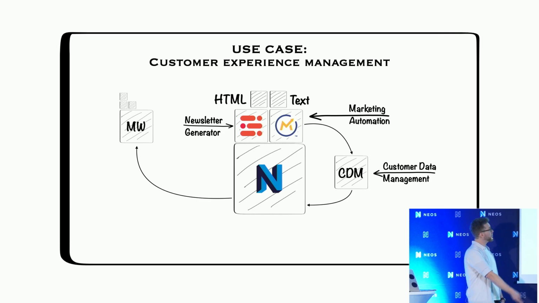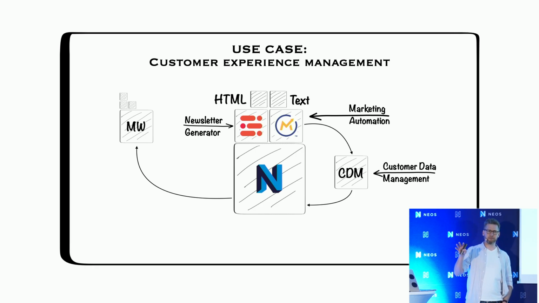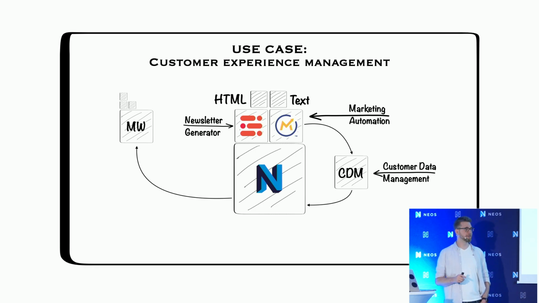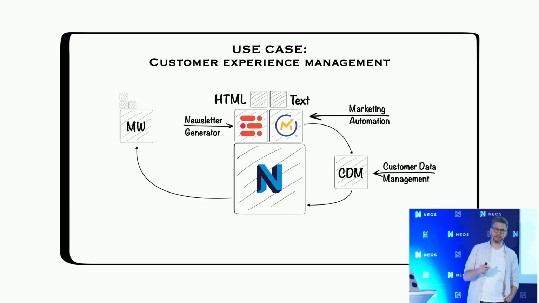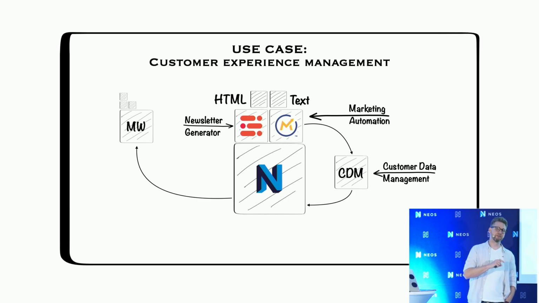Okay, so let's move the marketing website to the left side. We still have Neos, but in this case, we want to render a newsletter. Also a very good use case, because who of you knows MJML? Ever heard about it? Okay, very good. MJML is basically an abstraction for newsletter templating.